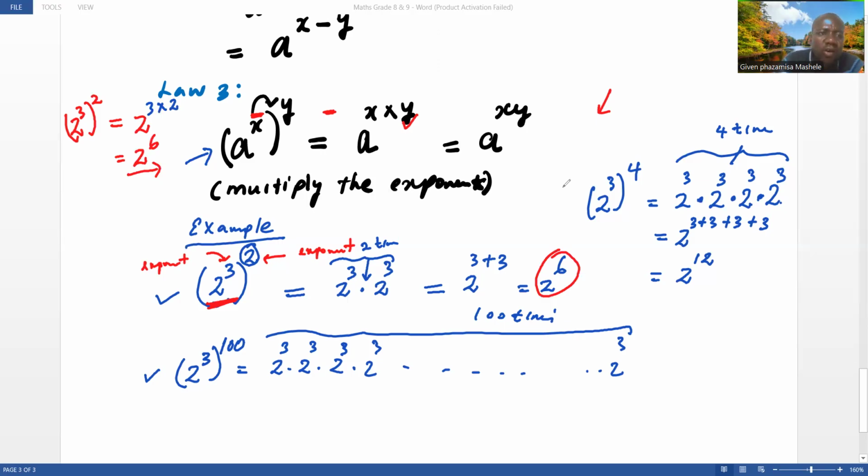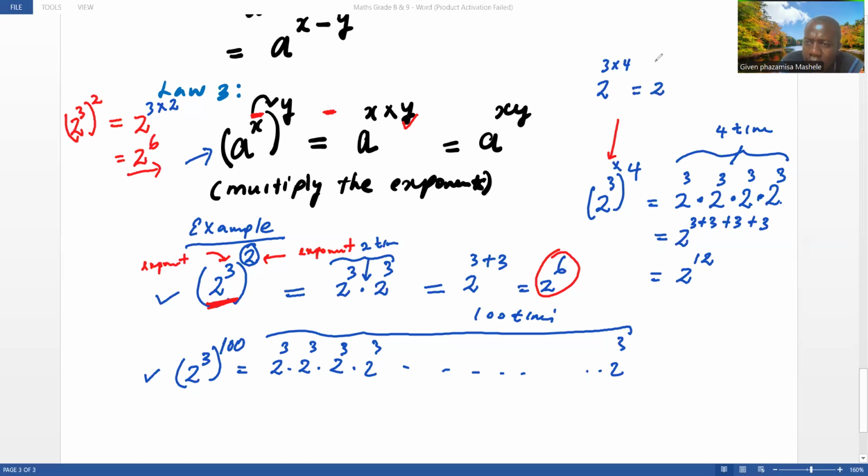So from now on, for example, let's say we have 2 to the exponent of 3 and also to the exponent of 4. What do we do? We just take the base and we multiply these exponents. 3 multiplied by 4.